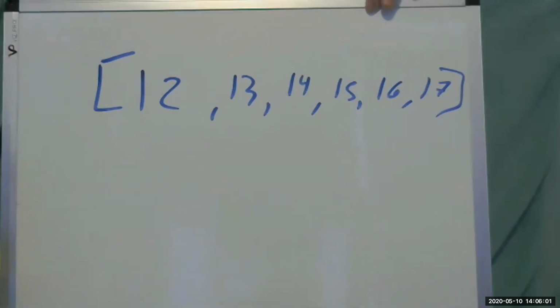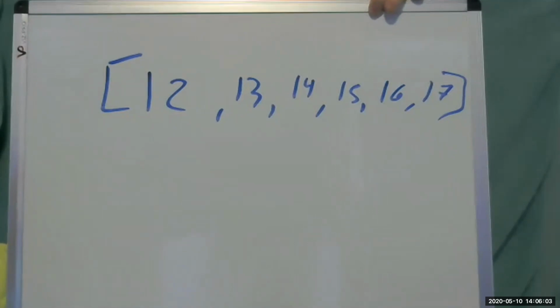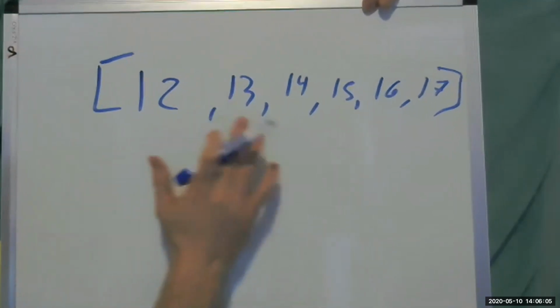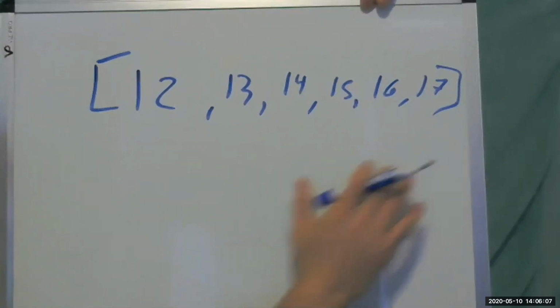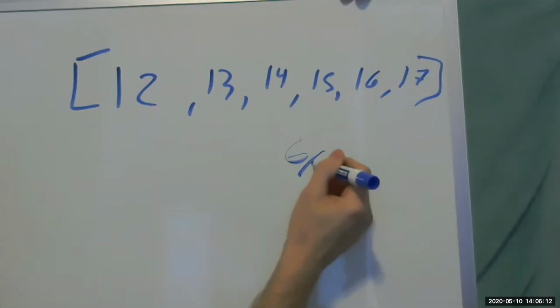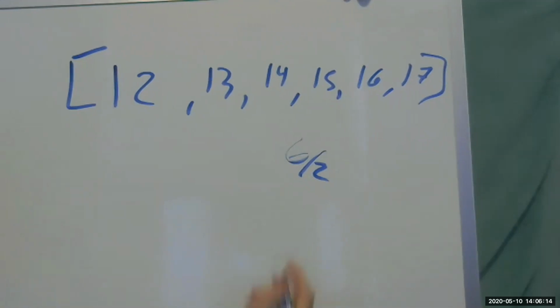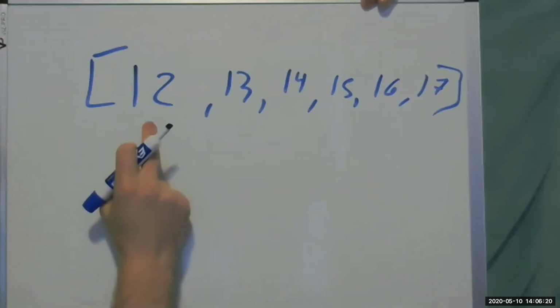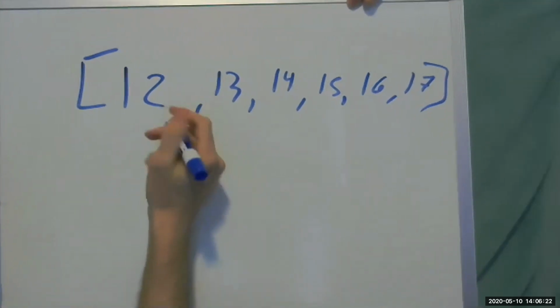Okay. So let's say we're looking for 12. We'll start with the easier side first. We have this array length: 1, 2, 3, 4, 5, 6. Now, the middle of this is 6 divided by 2, which gives us 3. So let's go to that third index. We have 0, 1, and so on; I'll do little numbers underneath.